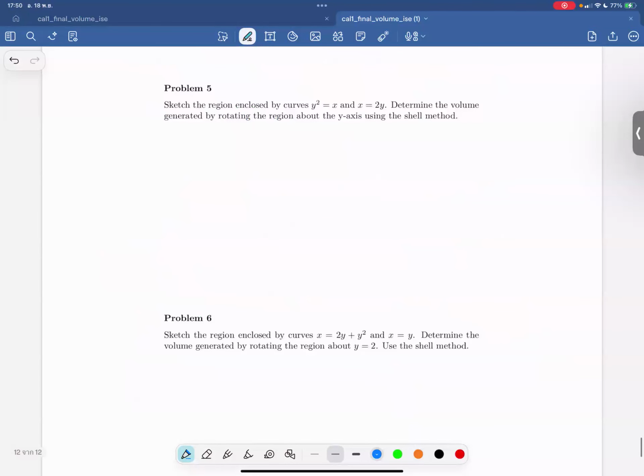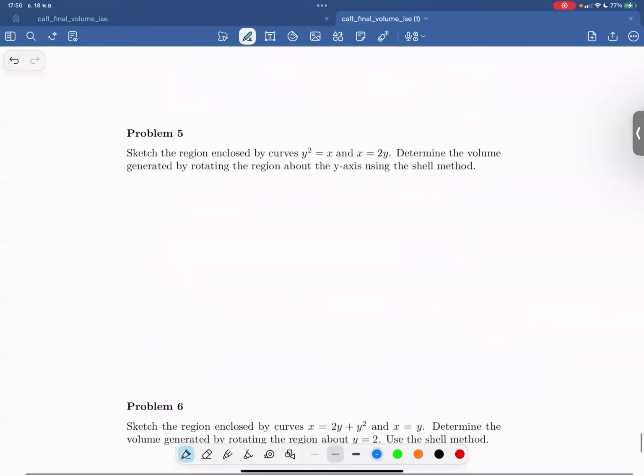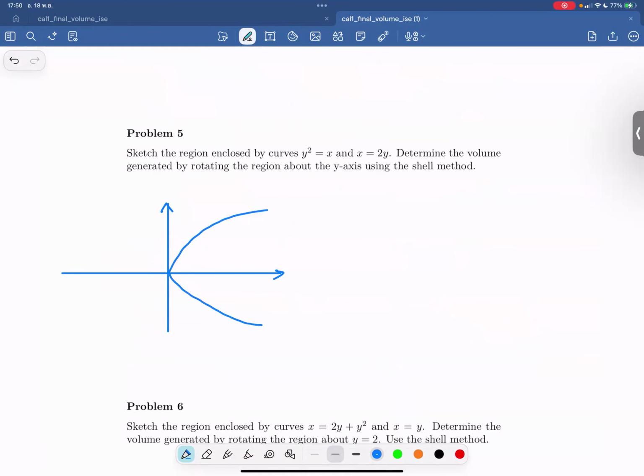Okay, so for problem 5, we first get the area. The first one is the parabola with the vertex (0, 0): y squared equals x.